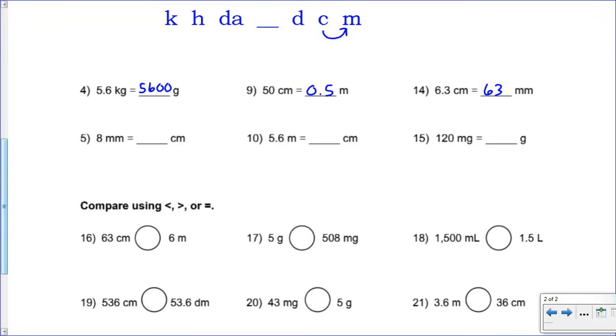Problem number 5, 8 millimeters to centimeters. This is going the other way from milli to centi. That's jumping 1 spot over. This time it's going to the left, so from 8 to 0.8.